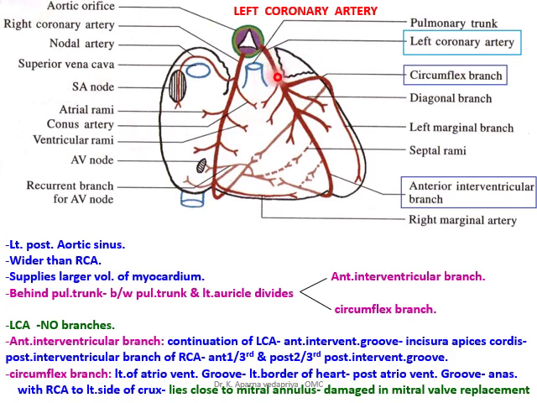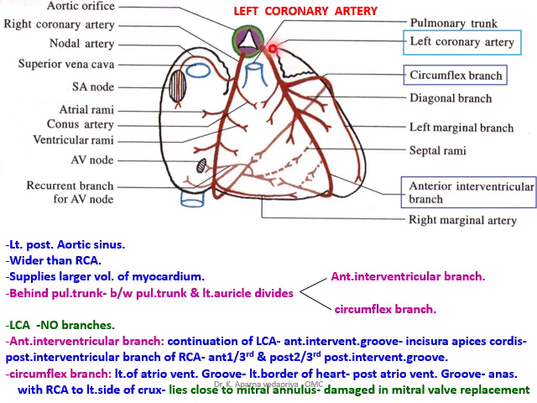The left coronary artery is a very short vessel. So it appears behind the pulmonary trunk, traverses towards the left, and is seen between the left auricle and the pulmonary trunk and divides into its terminal branches, the circumflex branch and the anterior interventricular artery.